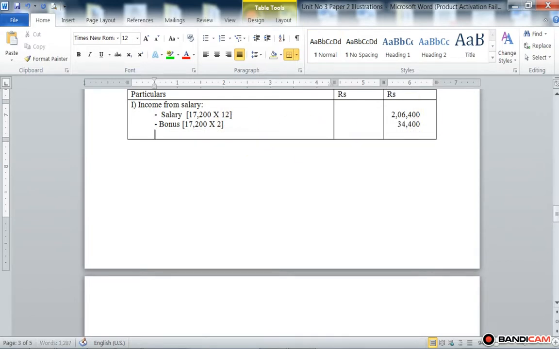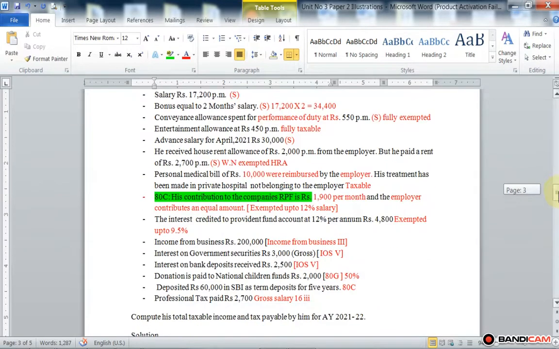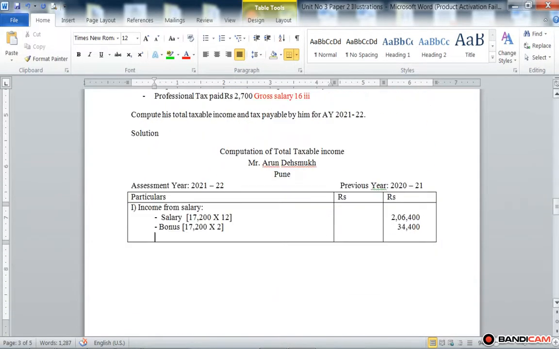Okay, then next, conveyance allowance spent for performance of duty. Conveyance allowance received 550 per month multiplied by 12 is equal to, in inner column, because it is fully exempted from tax, the assessee will use this allowance for the performance of duty, so it is fully exempted from tax.